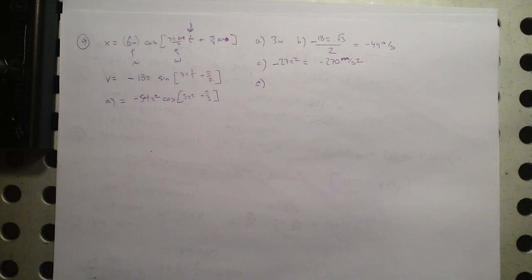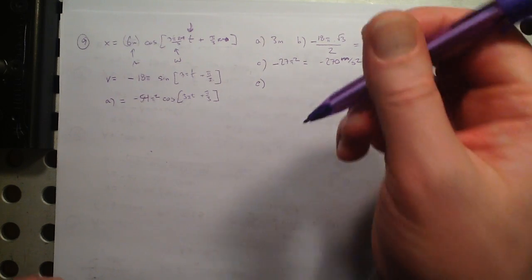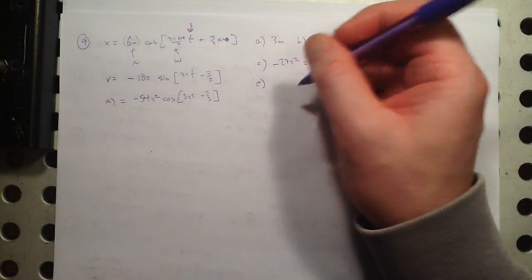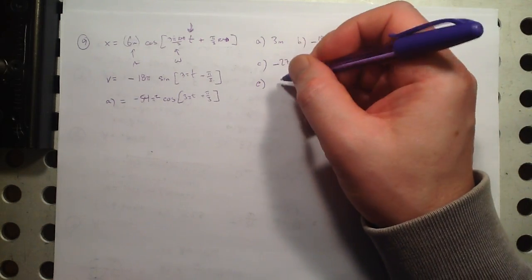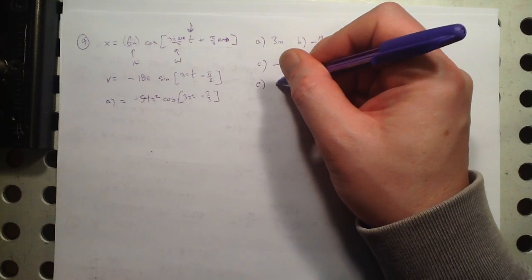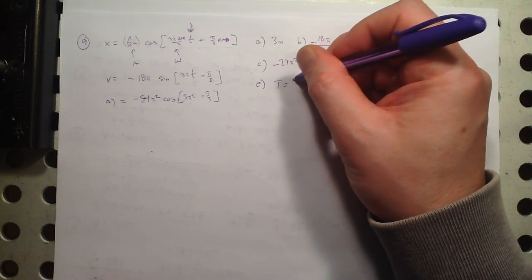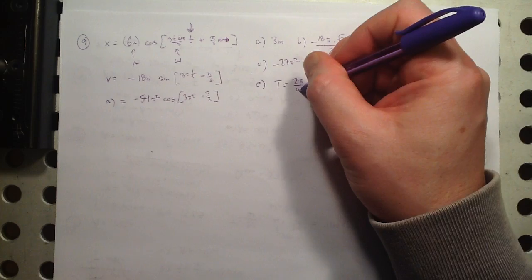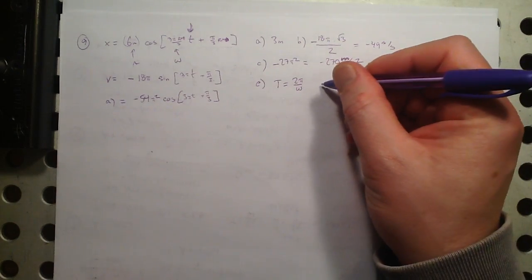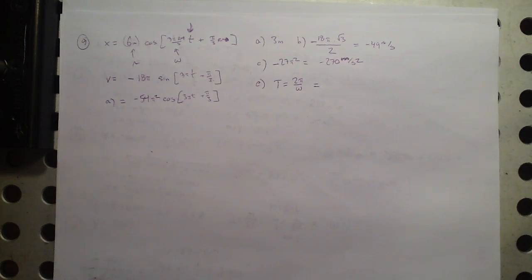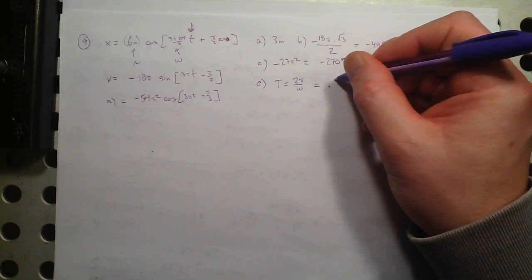And we also want to know the frequency and the period of the motion. I know that period is equal to 2 pi over omega. Omega is 3 pi, so 2 pi over 3 pi, well, that's 0.67.